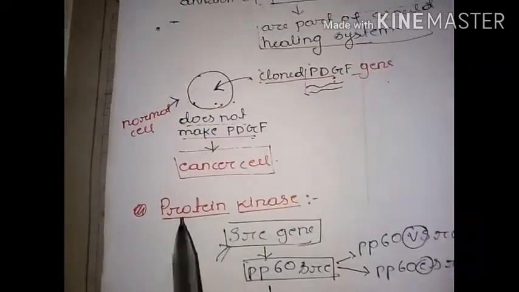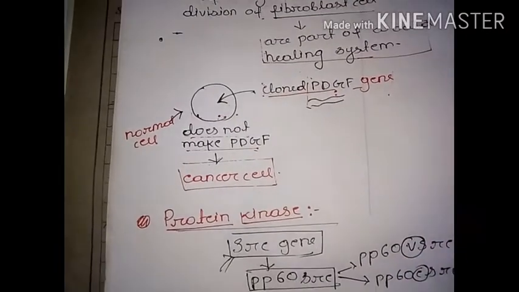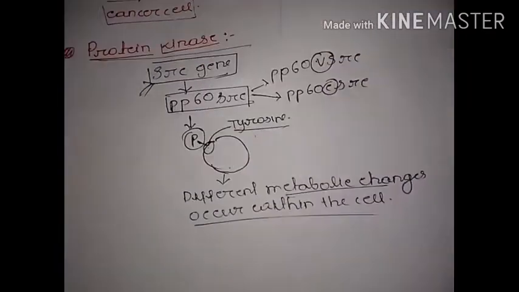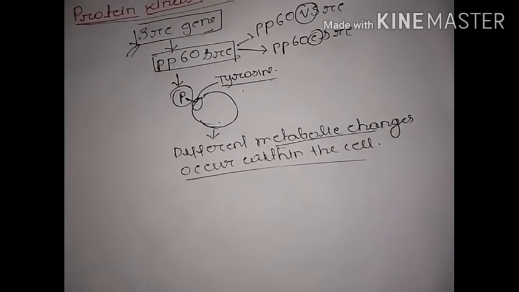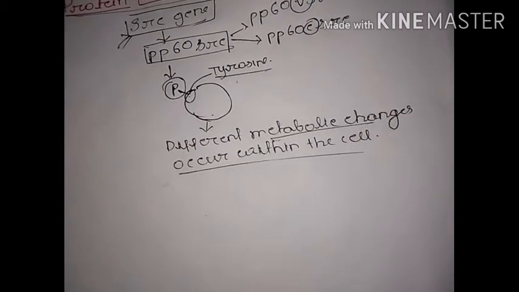So this is the whole process: growth factor, protein kinase, and earlier we discussed the membrane associated proteins. These are examples of proto-oncogenes.